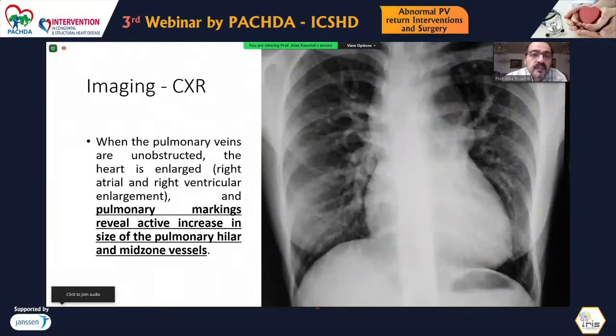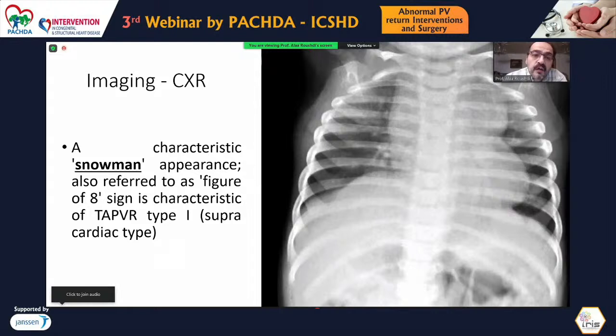While in cases with no obstruction, usually the pulmonary vascular markings are increased in size in the hilar and mid-zone vessels. And in total anomalous venous connection of the supracardiac type, the classic snowman appearance or figure of 8 appearance of the vertical vein is also very pathognomonic.